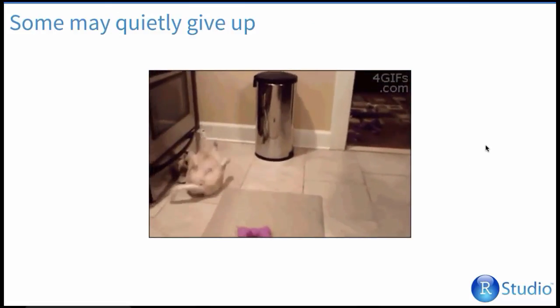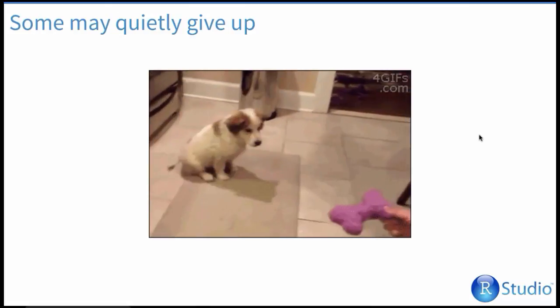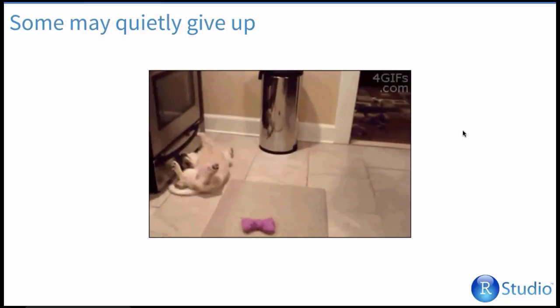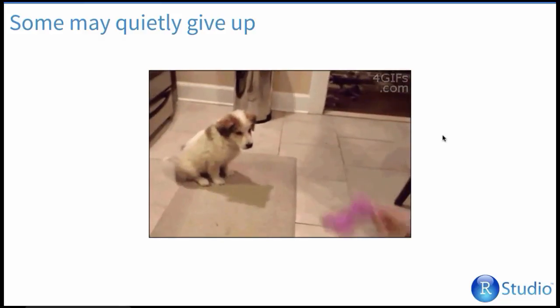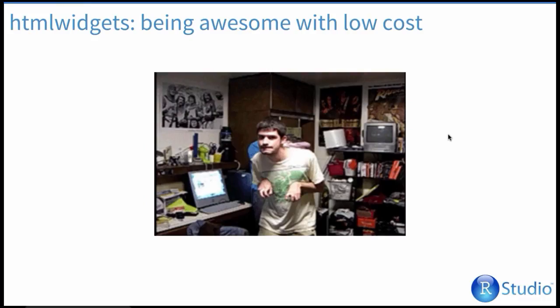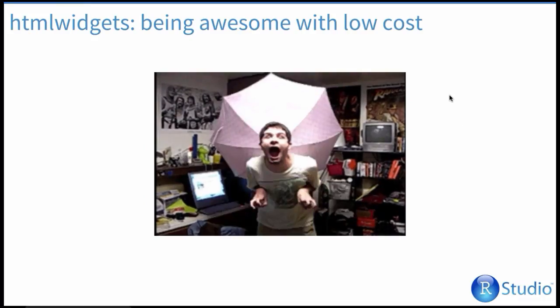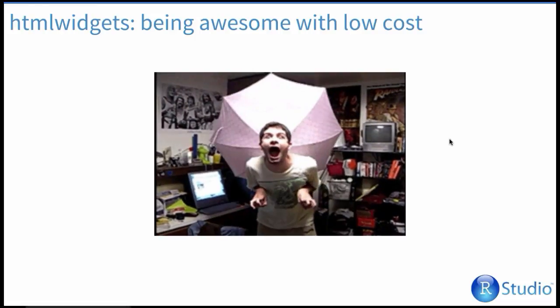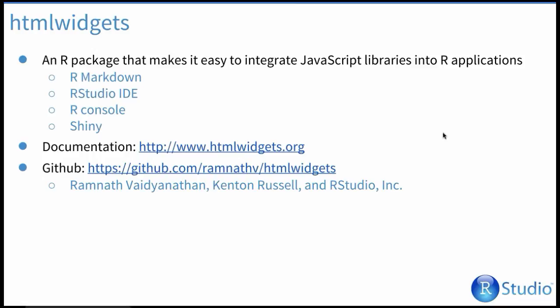And some people may not be patient enough to read all the documentation and copy all the files, and they may just quietly give up when they want to use the JavaScript library. So for the htmlwidgets package, we just want you to be really awesome with really low cost. Just a simple line of R code, and you will get a JavaScript library running in your R Markdown documents or Shiny applications.